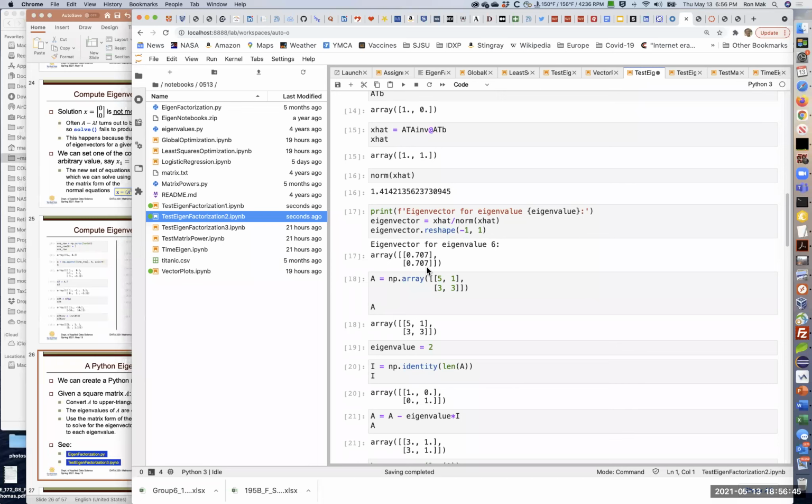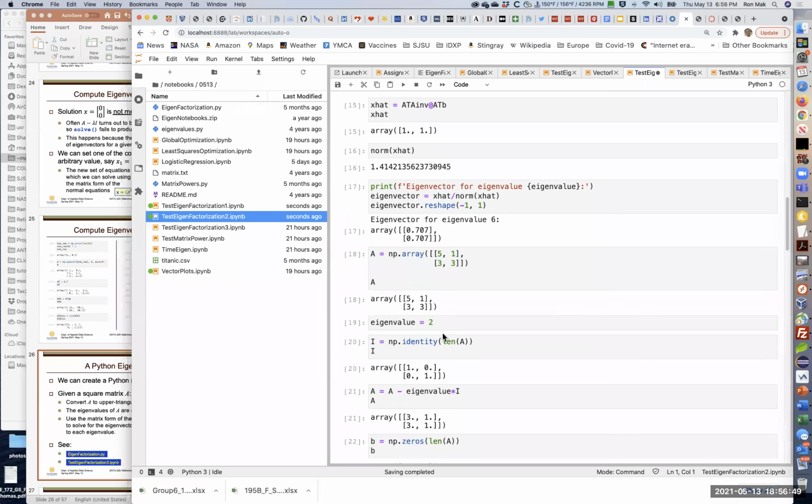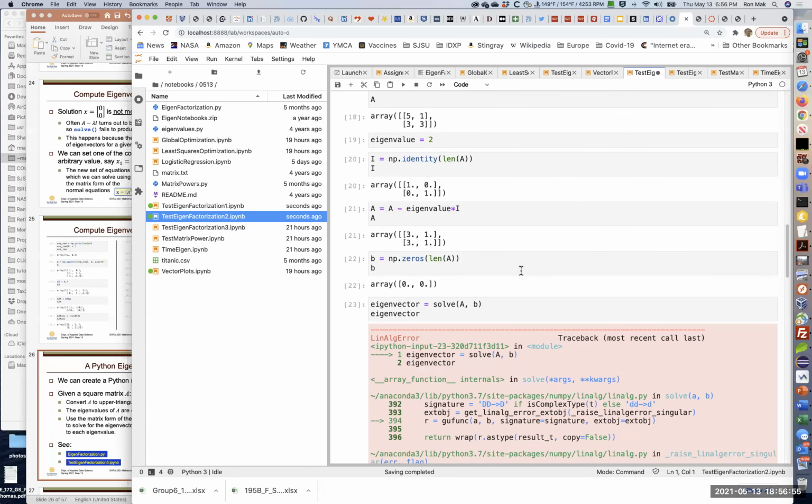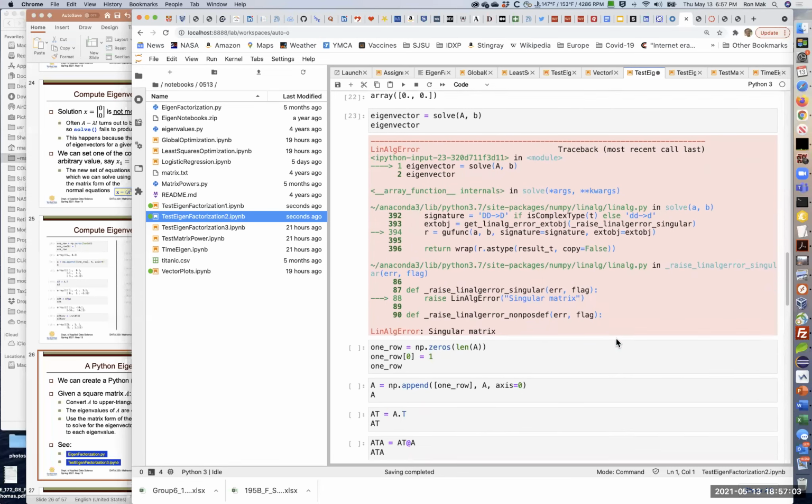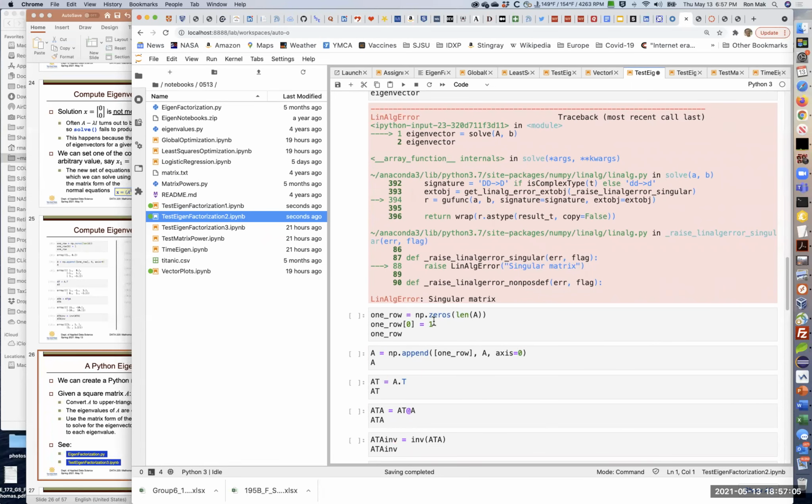Here we see the one corresponding to 6, and then what was corresponding to the other eigenvalue of 2. Oh dear! Here we ended up with singularity.